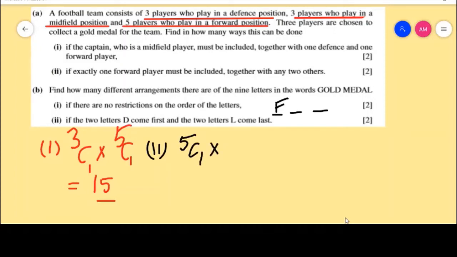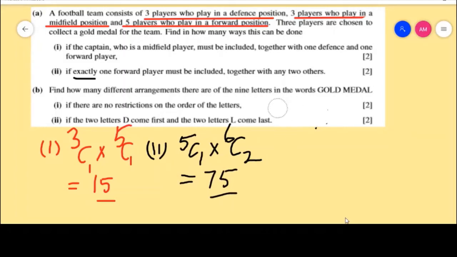I'm not going to choose any other forward player because I need exactly, that's the word, exactly 1. So exactly 1 has been chosen. I'm left with 3 defense, 3 midfielders, so I'm left with 6 players. So 6, I'm going to choose 2 because any of those can occupy these 2 positions. If I do that on my calculator, I get this as 75.